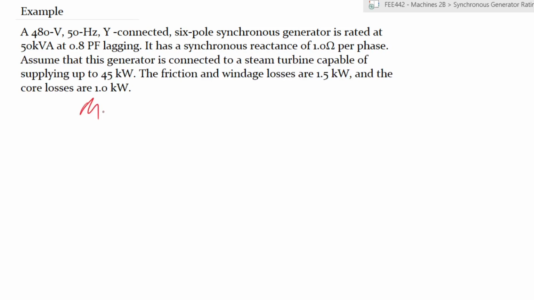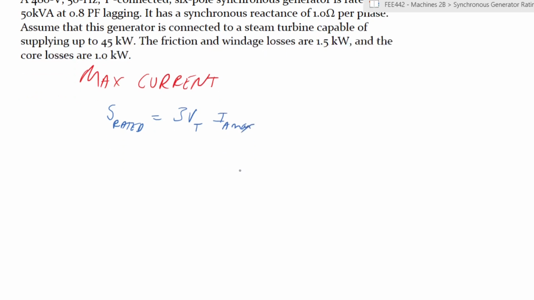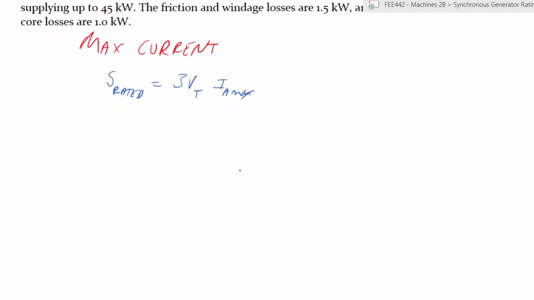So the maximum current that the generator can generate will be given by the value of S rated being equal to 3 VT IA max, right? It will be obtained from that relationship. So our VT will be given by the voltage.